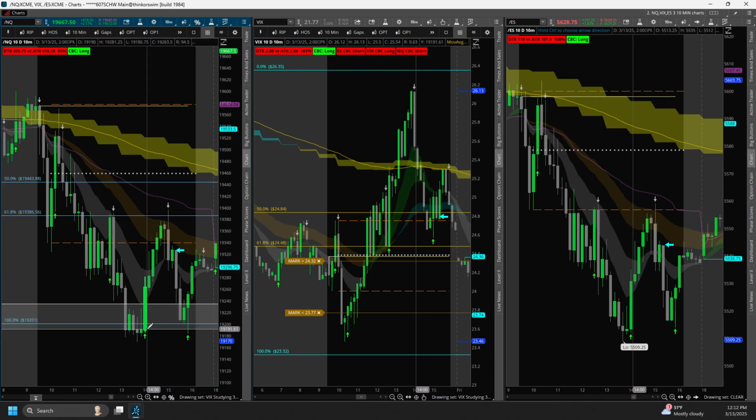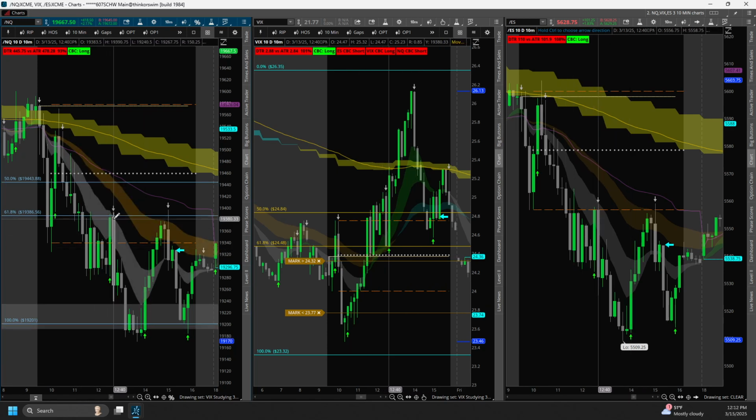Obviously we don't break and close under here, but we do break below this CPC flip candle low, right? And look, this was the CPC flip that flipped short for us to go lower. We broke over, we wicked, and we rejected. We broke under, we wicked, and we popped, right?